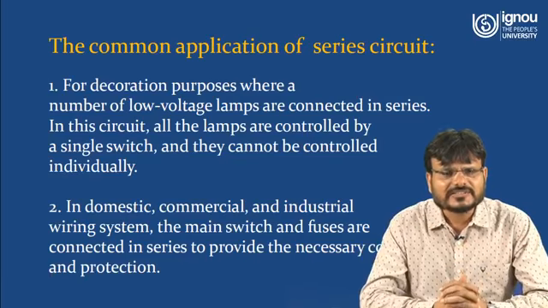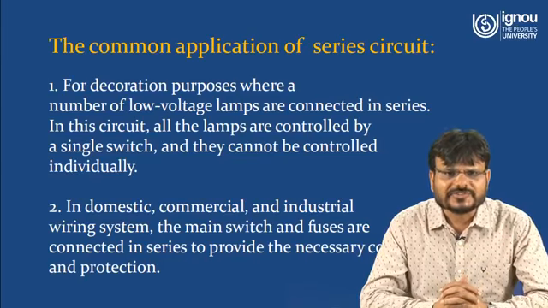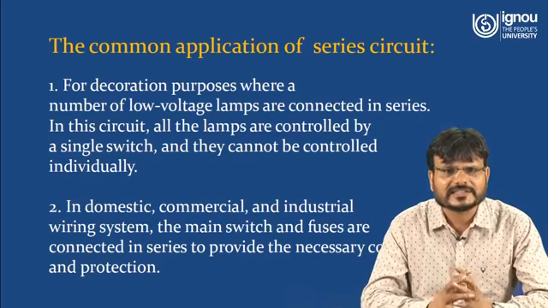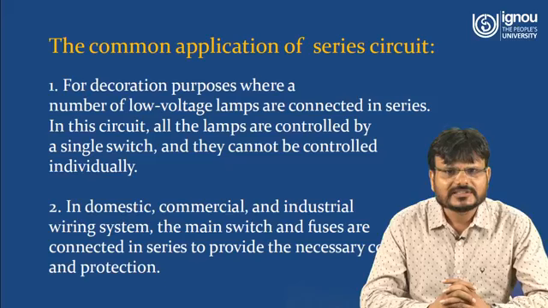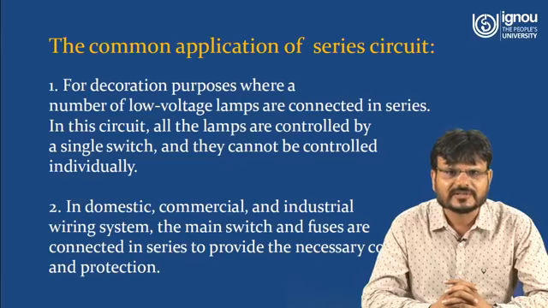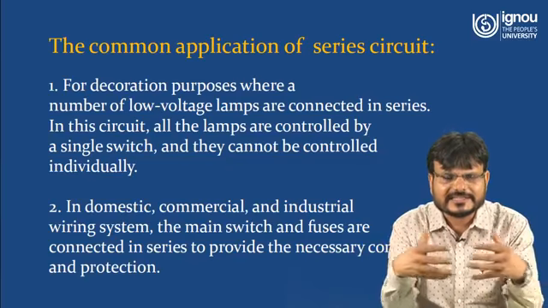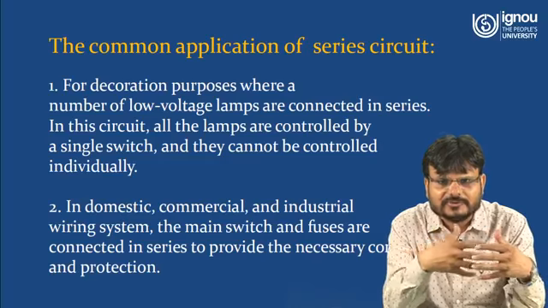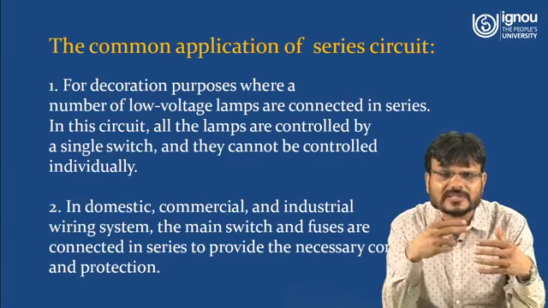The second application is in domestic, commercial and industrial wiring systems, where the main switch and fuse are connected in series to provide the necessary control and protection. Because they are connected in series, whatever current flows through the circuit will also pass through the fuse.